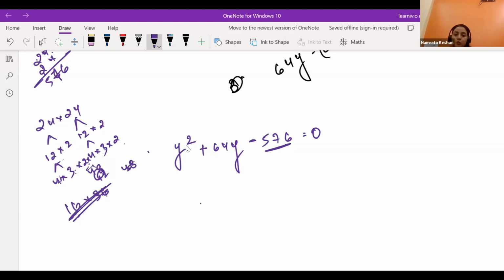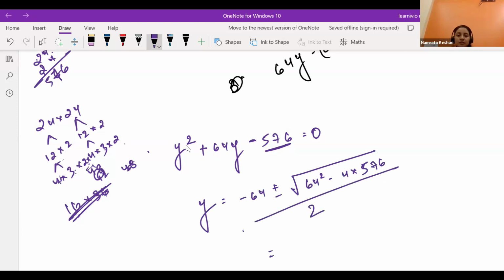Okay, I'm using the quadratic formula. Minus b plus minus under root b square minus 4ac by 2a. Minus 64 plus minus under root 64 square, 4096, minus 4 times 576.